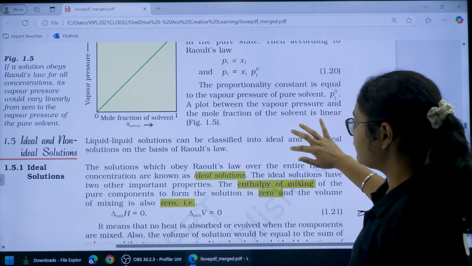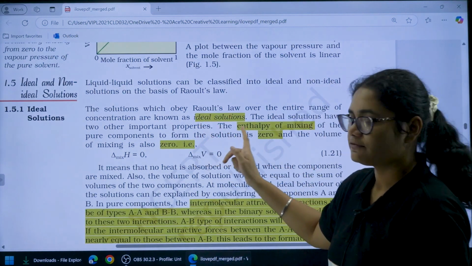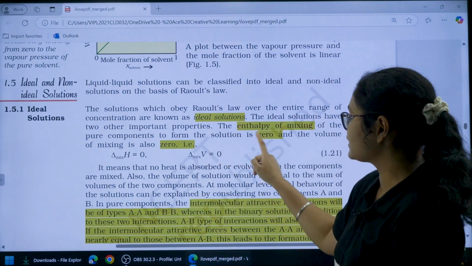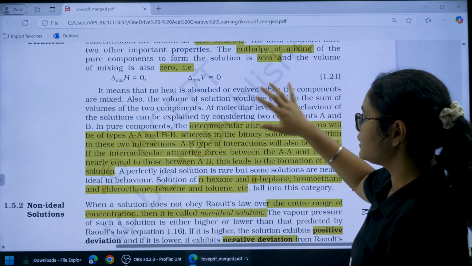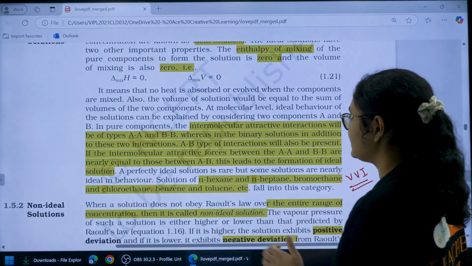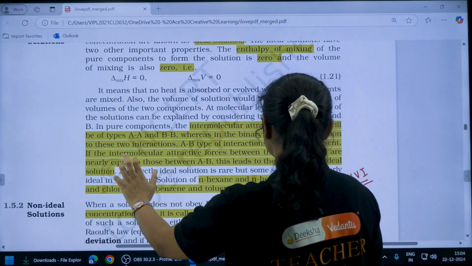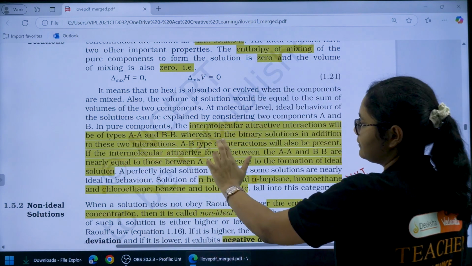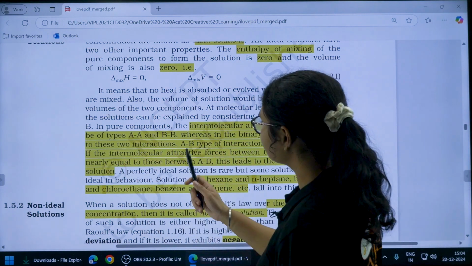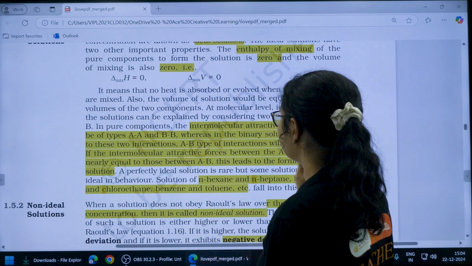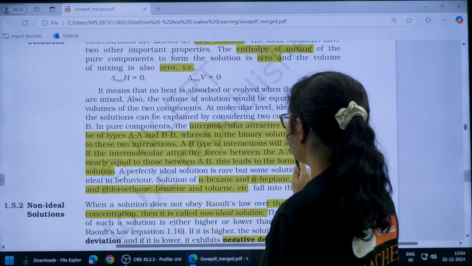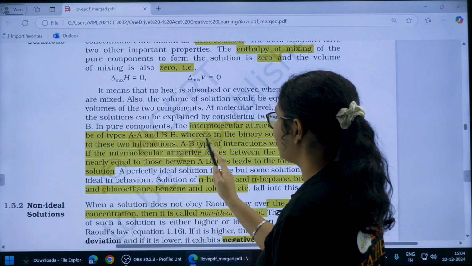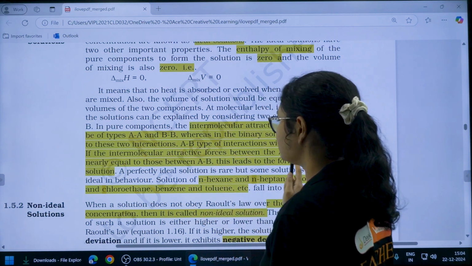Now we will go to the definitions of ideal solution. You should know the conditions of ideal solutions. These 2 points are important. What exactly does ideal solution mean? The intermolecular attractive interactions will be of the type AA and BB, whereas in binary solutions, in addition to these interactions, AB type interactions will also be present.